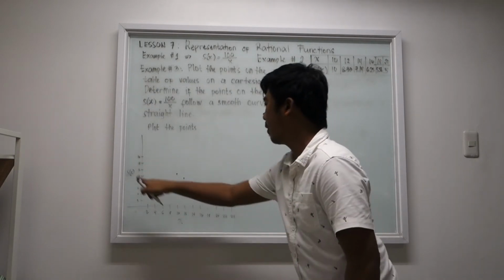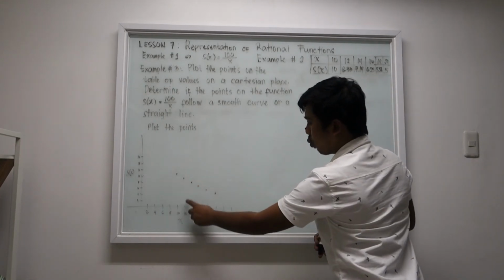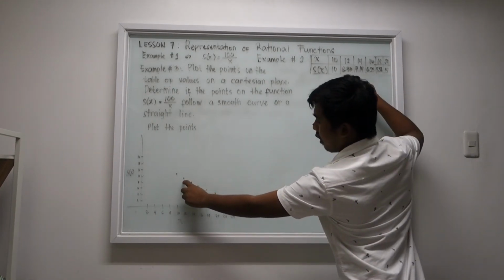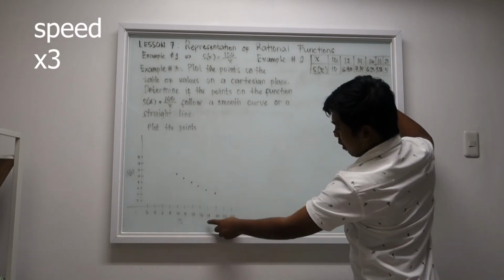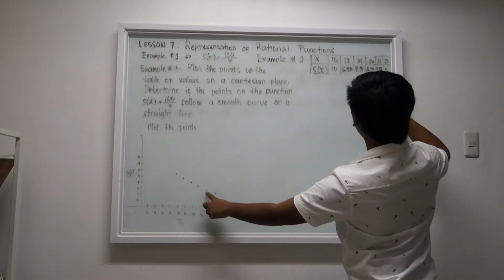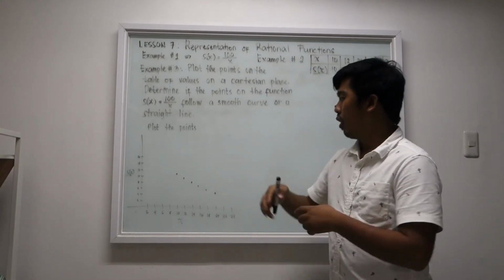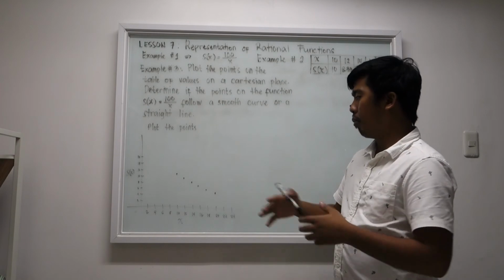For 10, that's 10. For 12, that's 8.33. As we can see, we have already plotted the points.